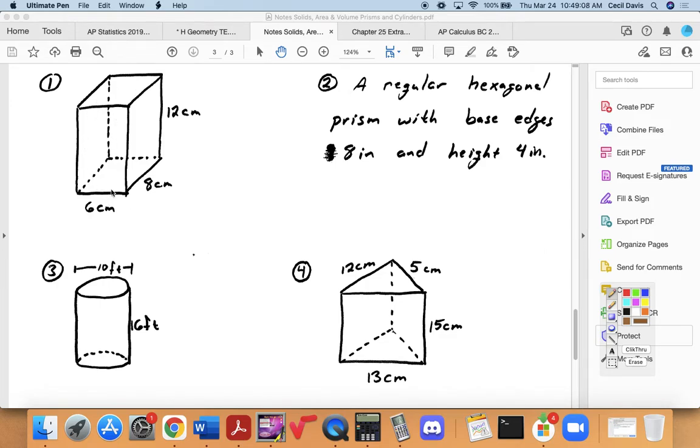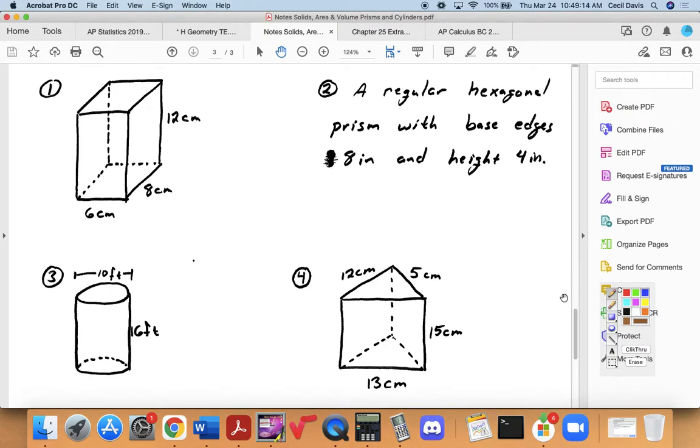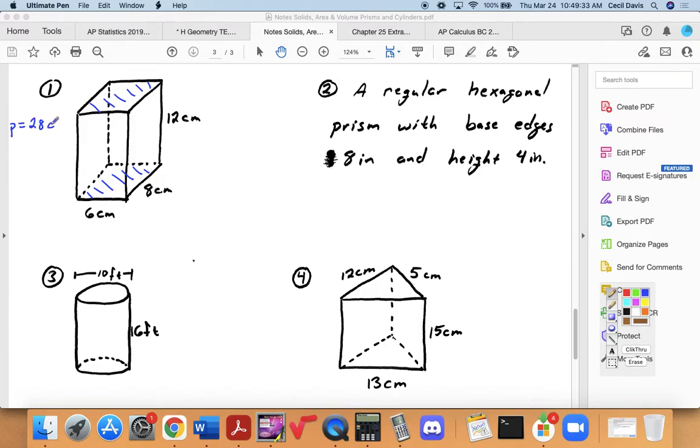So this is a rectangular solid, so we'll assume that the bases are the top and the bottom. So those are our two bases. So the perimeter, let's see, that's going to be 6 plus 8 is 14. We'll have two of those, so that's going to be 28 centimeters.